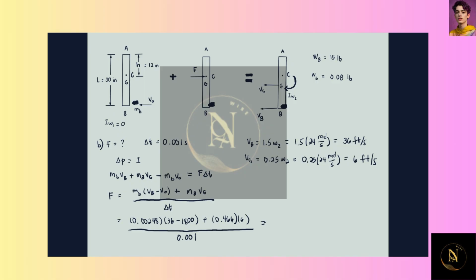So, we'll get a negative value, which is negative 1526 pounds. So, this negative value indicates the direction. In our equation for momentum, we took the left direction as the positive. Since, as you can see in our diagram, F here is to the right, we got a negative value. So, hence, the force is 1,526 pounds directed to the right.